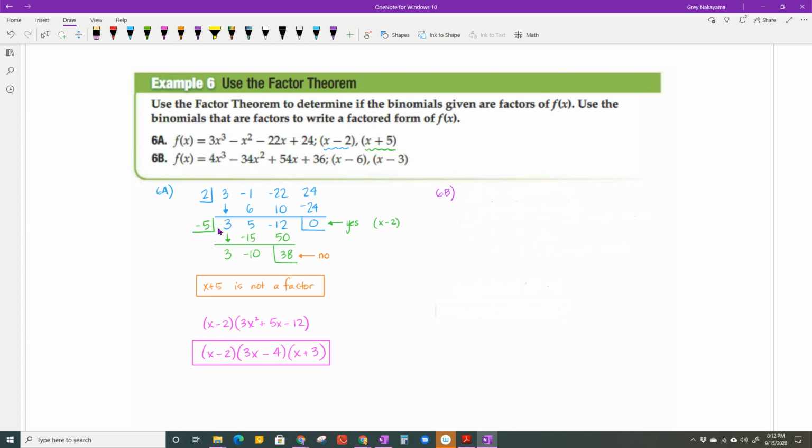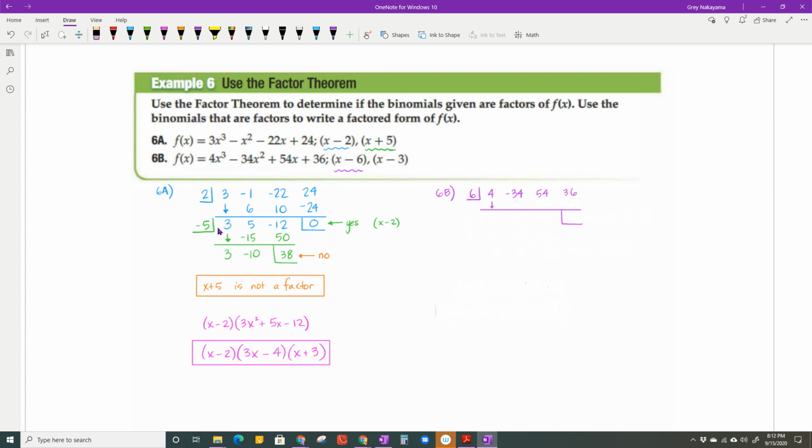Okay, 6b, last problem. Y'all, I told you short and sweet. So my polynomial, 4x cubed minus 34x squared plus 54x plus 36. I don't need any 0 placeholders. All right, I'm going to set it up to go, and I'm going to start with x minus 6, which means I'm going to start with a 6 in this outside box.